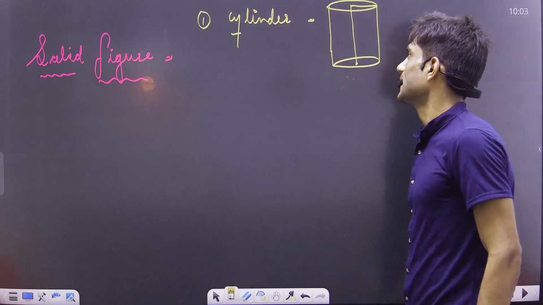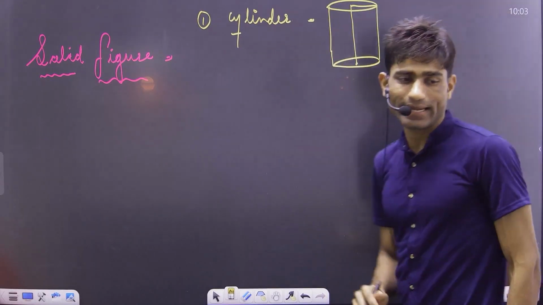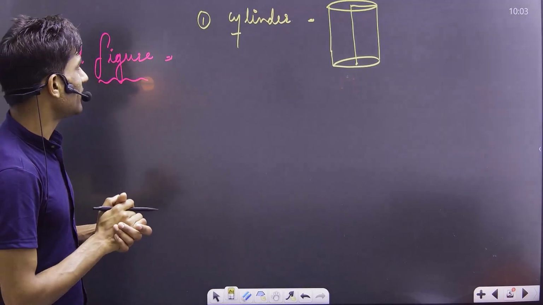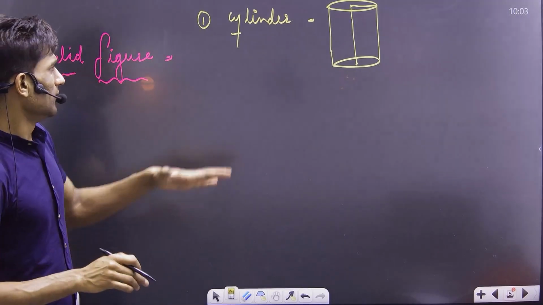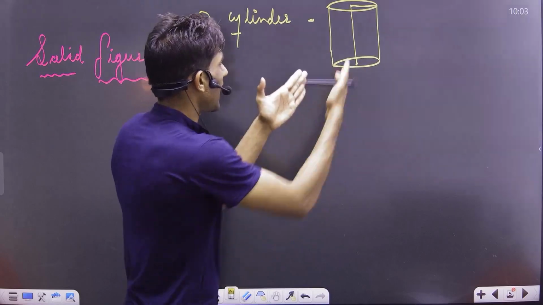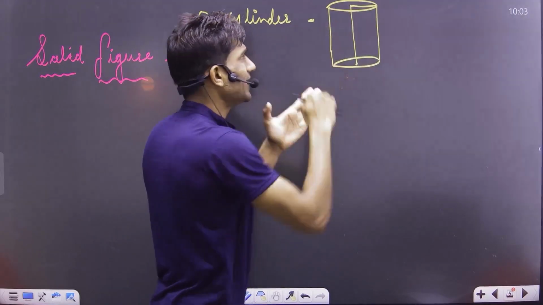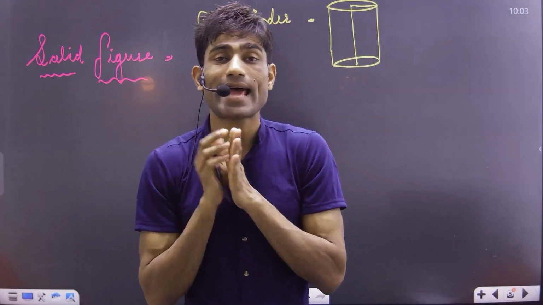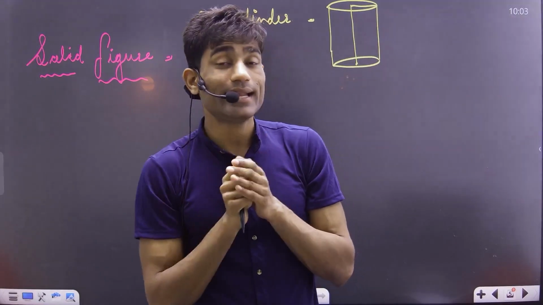Now this one, we have a cylinder here. I know that you are all familiar with these types of shapes. So this is the cylinder having height h, radius r. The inside part of that cylinder, we generally consider as the volume.